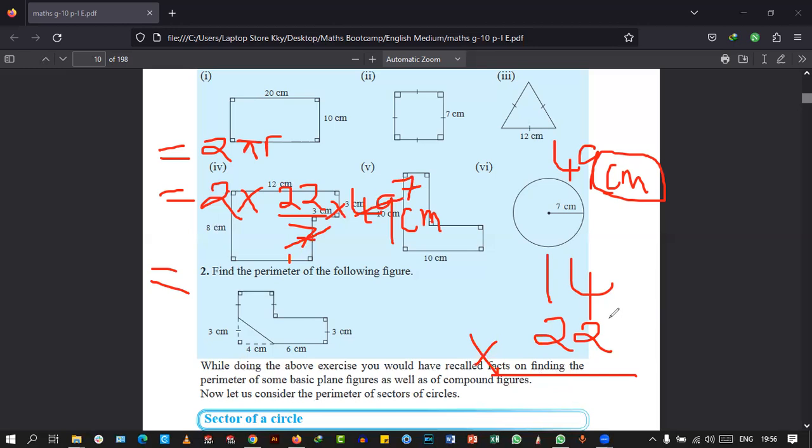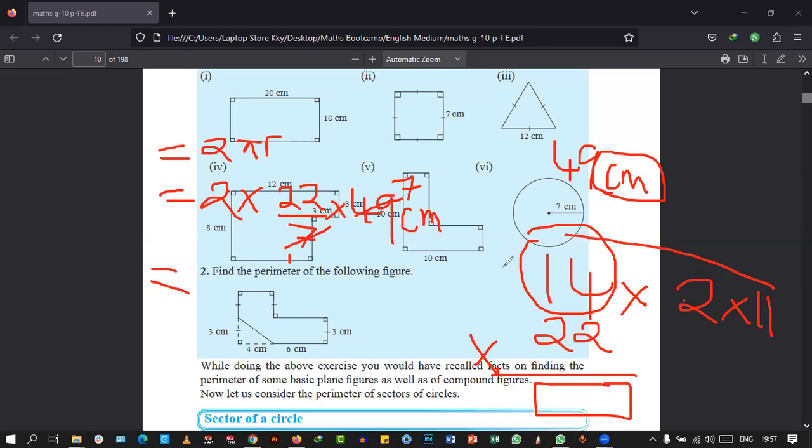In your mind, you have to think of 22 as 2 times 11, only for this 22, so that it will be 14 times 2 times 11. This will be equal to this calculation, right? It's obvious.